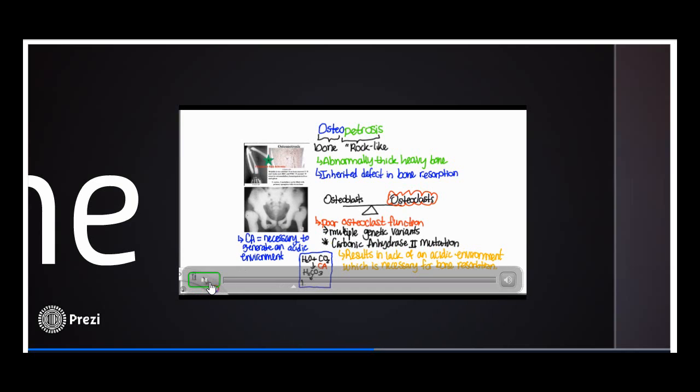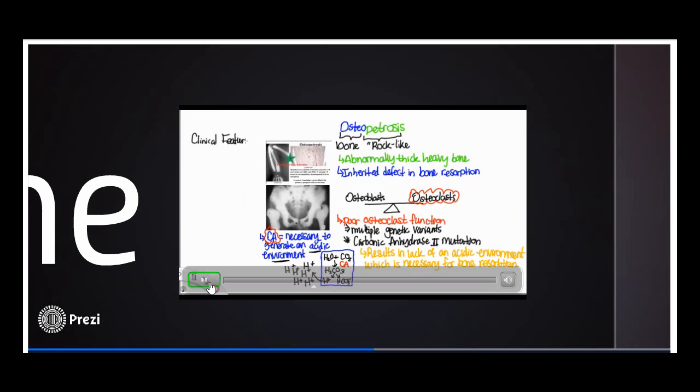Carbonic acid then breaks up into a proton and bicarbonate. Now this proton, which is the acid, leaves the cells, and this is what creates the acidic environment necessary for bone resorption. If osteoclasts don't have the ability to generate this acidic environment, they won't be able to resorb bone, and this is exactly what occurs in the carbonic anhydrase 2 mutation.